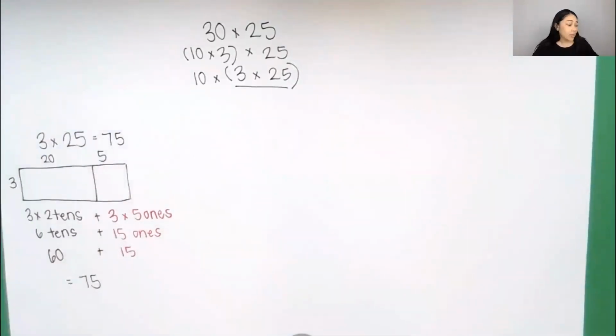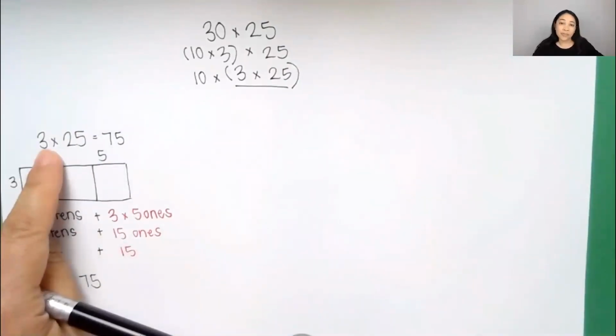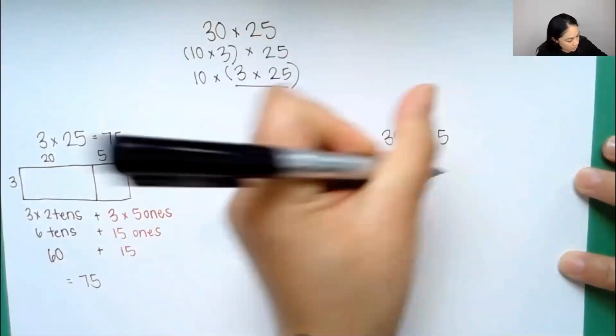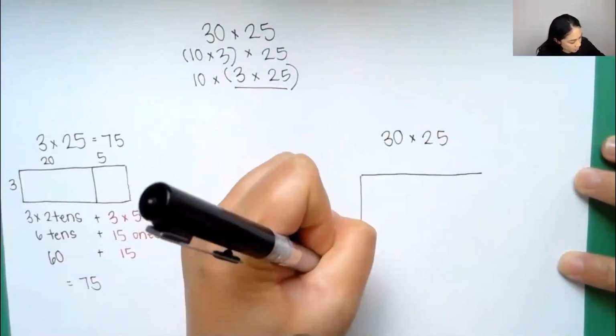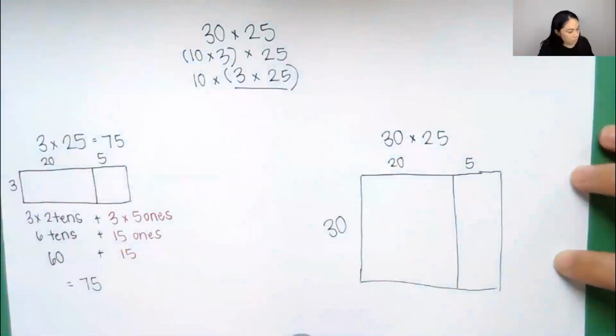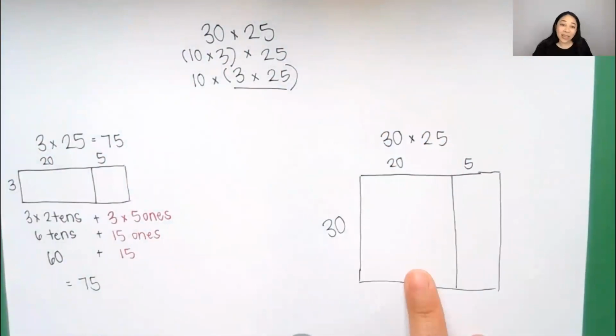What unit does the 3 have right now? Ones. Let's change that unit. Let's make it tens. Let's find the total area by finding partial products again.